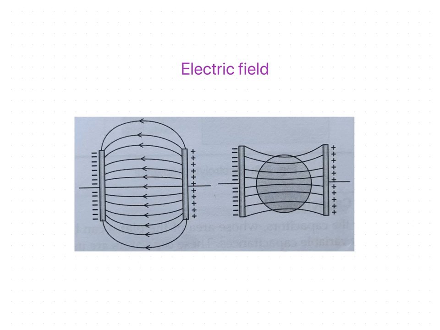So they are not always straight. In this picture, we can see the effect of the electric field on a matter which is offering less resistance.